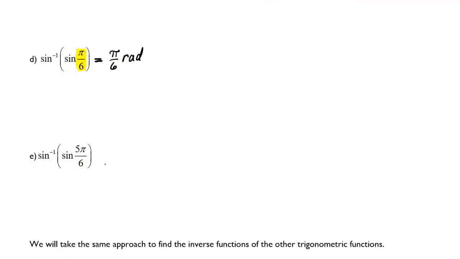Next, we have sine inverse of sine of 5 pi/6. 5 pi/6 is not between -pi/2 and pi/2. So what I've sketched here is approximately where 5 pi/6 would hit. So the reference angle is equal to pi/6, which is in the domain.